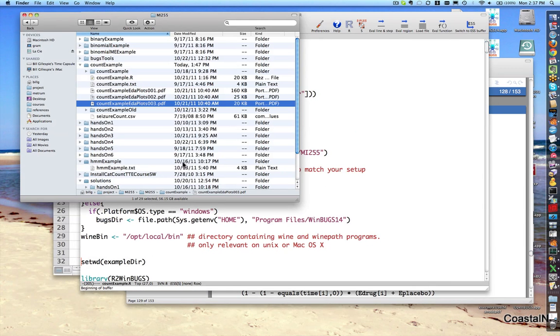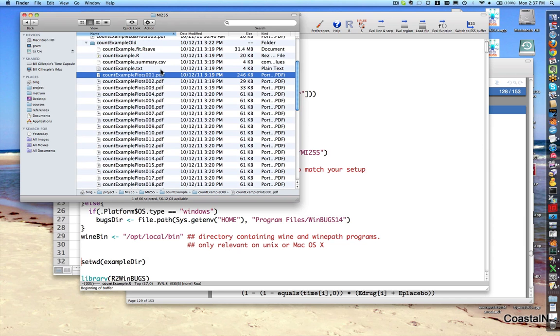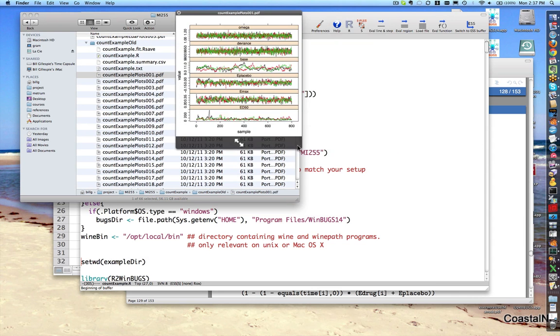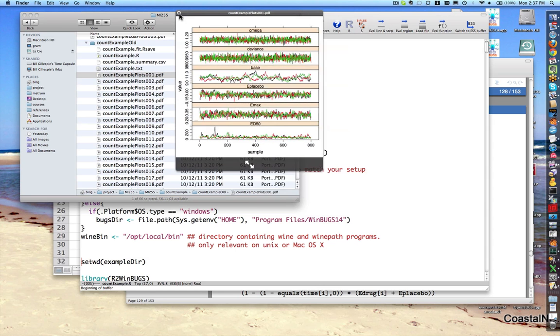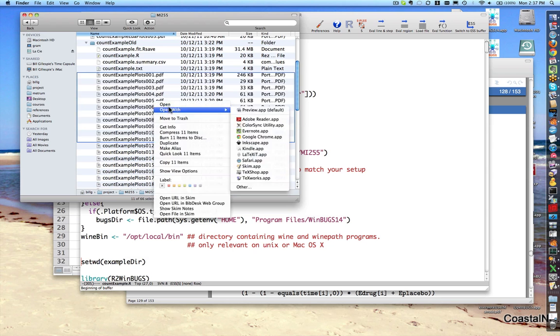Let's go back to our data set. Anyway, let me show you what I've got here called count example old, which is the one using 10,000. Let's make it big enough to see. Oh, let's use PDF here. I'll just grab the first few.